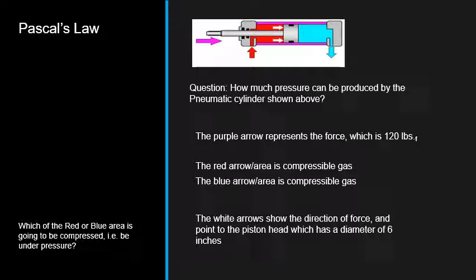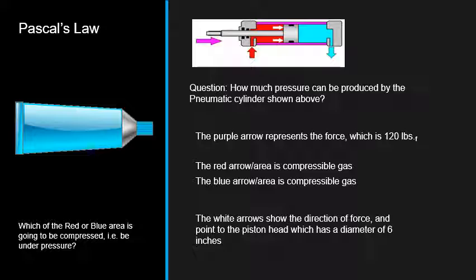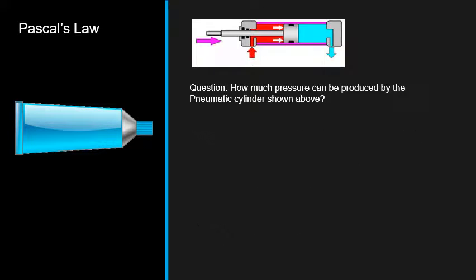So which of the red or blue areas is going to be compressed or under pressure based on the scenario we're looking at here? Because those white arrows are pushing the piston towards the blue area, it will be the one that's compressed. So looking at this cylinder, let's figure out how much pressure. Step one, we're going to identify the formula.